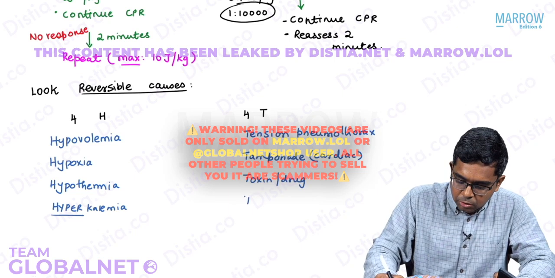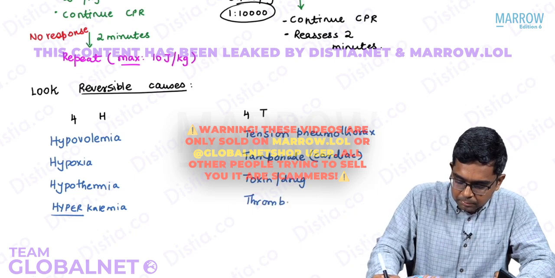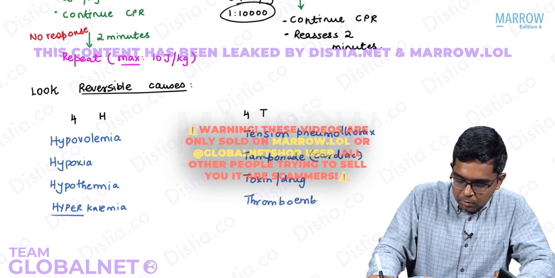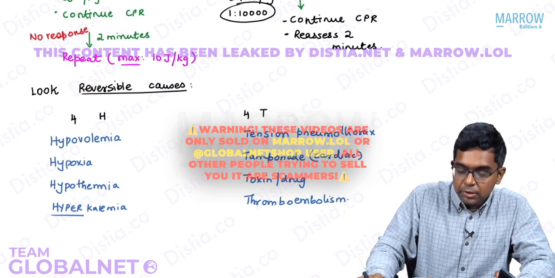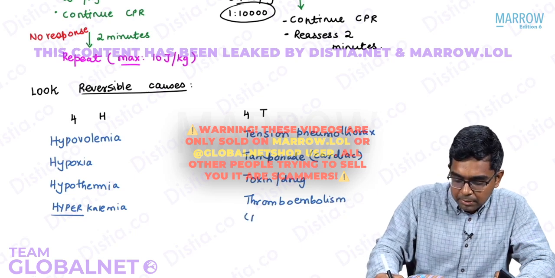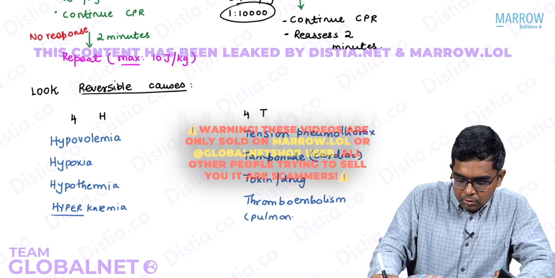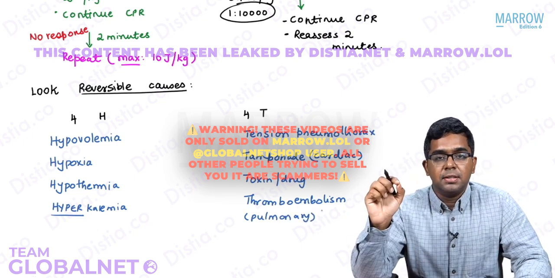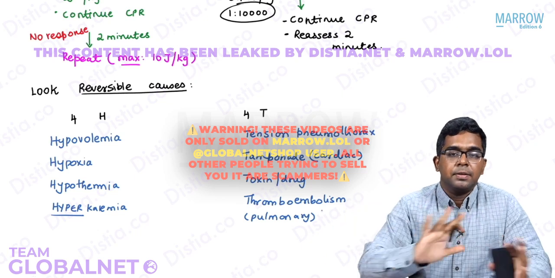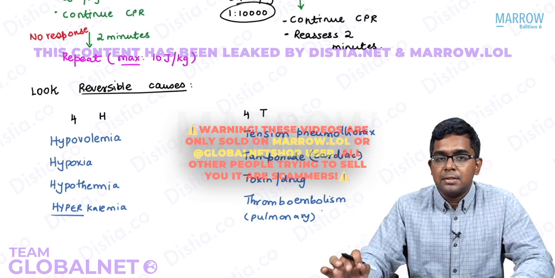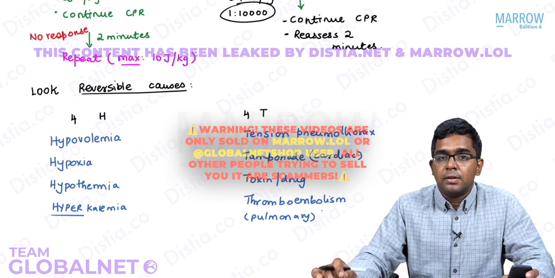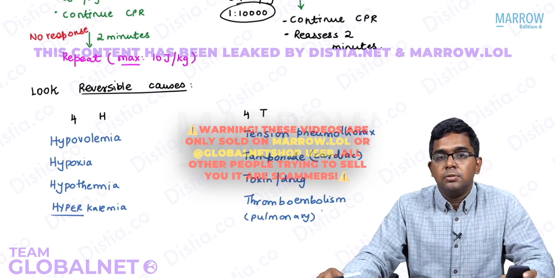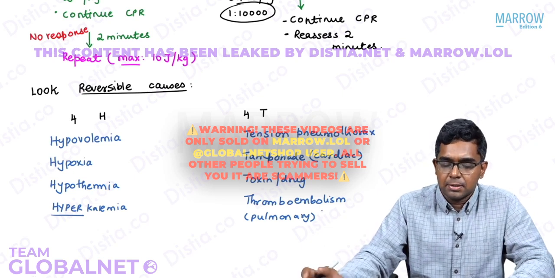And finally is thromboembolism. What I am referring to as a thromboembolism is the pulmonary thromboembolism. So whenever you detect any of this cause at any point of time during resuscitation, you have to correct it. So these are the detailed steps or algorithm of cardiopulmonary resuscitation according to PALS 2020 guidelines.